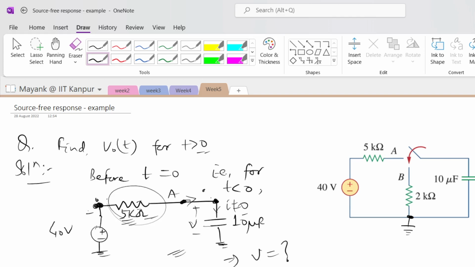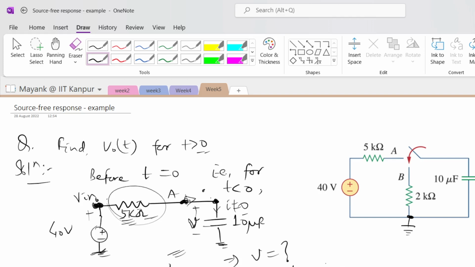So what is the voltage at this particular node? Let's say it's V in. So V in is equal to 40 volt. You see that there is a voltage source connected between V in and the reference. So this is 40 volt. The same voltage will appear here also. So the V here will be equal to 40 volts.